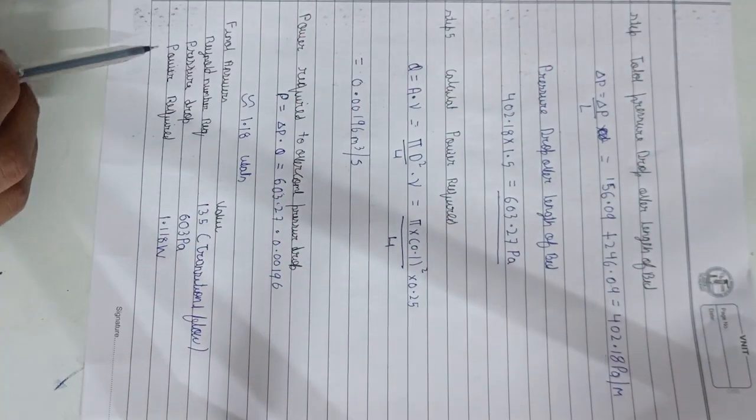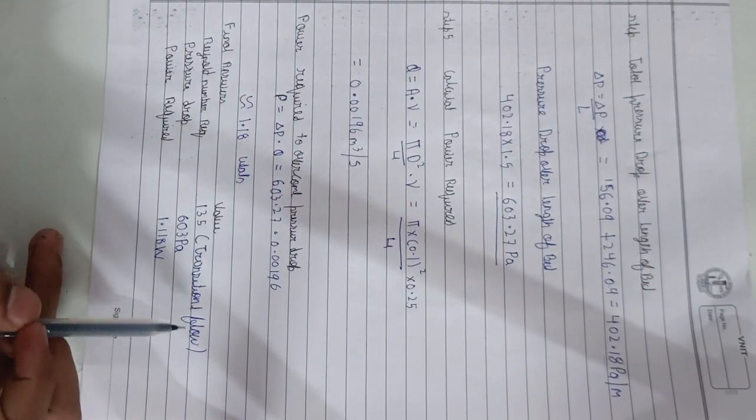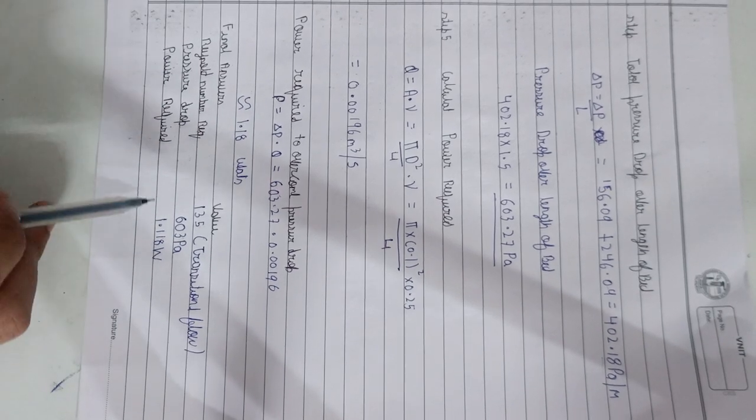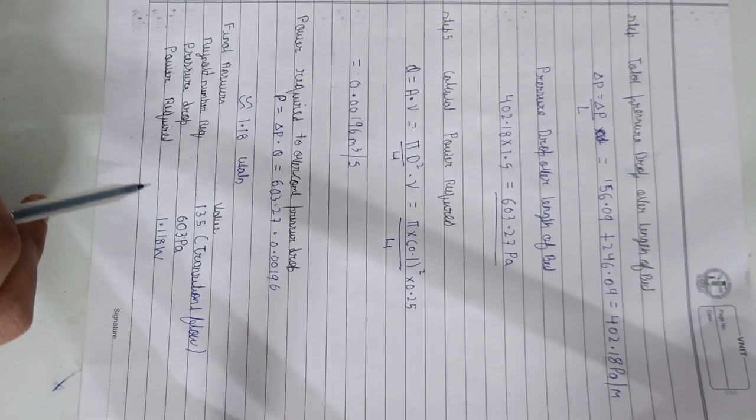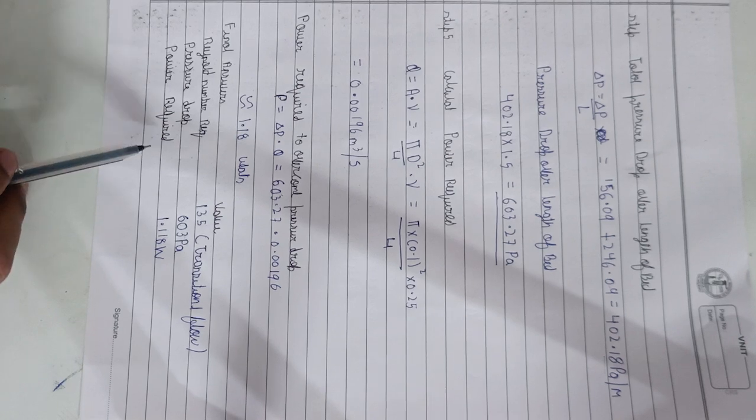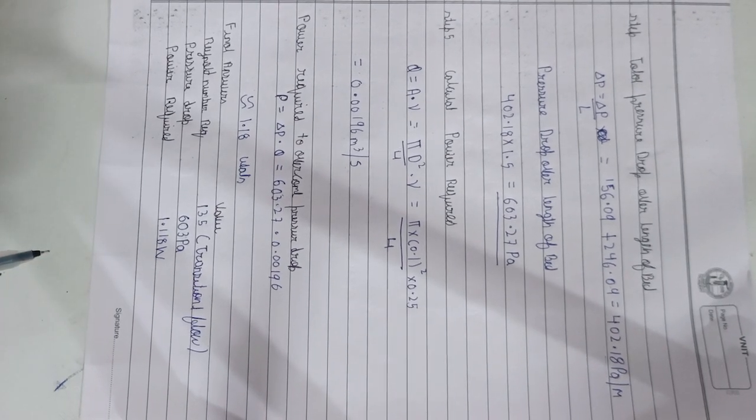So the final answers to this question: Reynolds number is 135, which is in transitional flow. Pressure drop is 603 Pascals and power required is 1.18 watt.